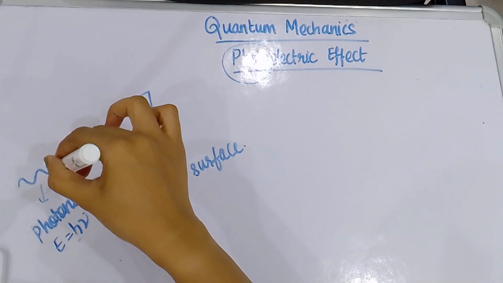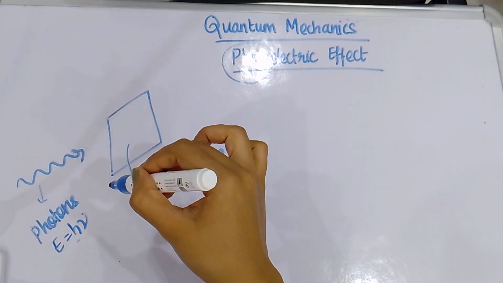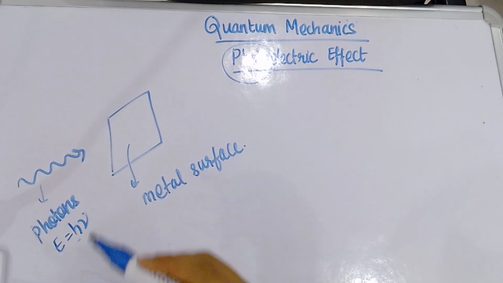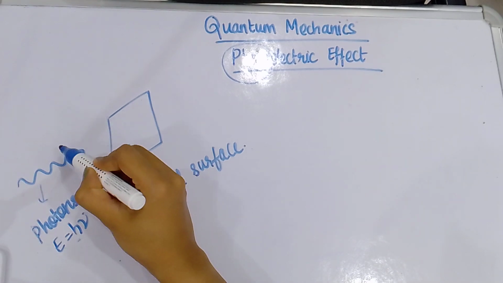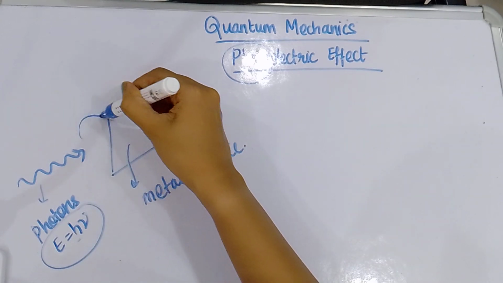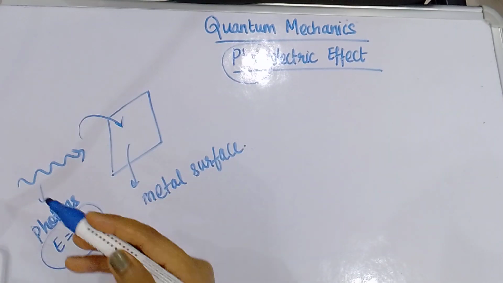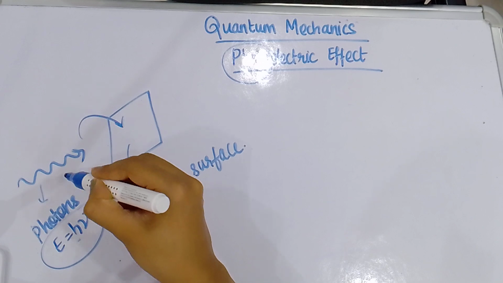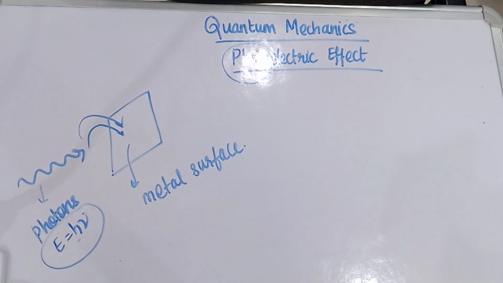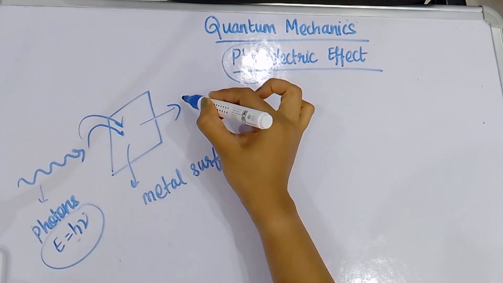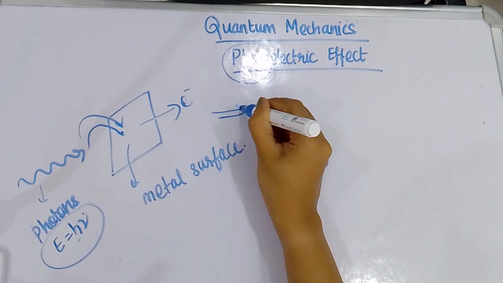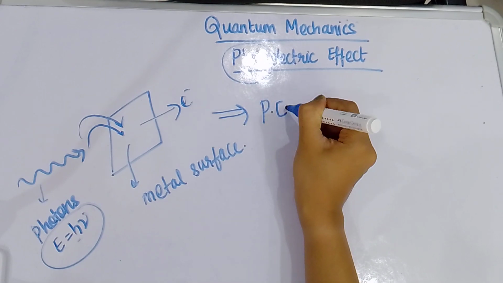So with this energy the incident radiation or incident light will strike the metal surface. What happens is when a photon of energy E equal to h nu strikes the metal surface, the energy of this particular photon is transferred to the electron, and that electron is ejected out. When this process happens, this is termed as the photoelectric effect.